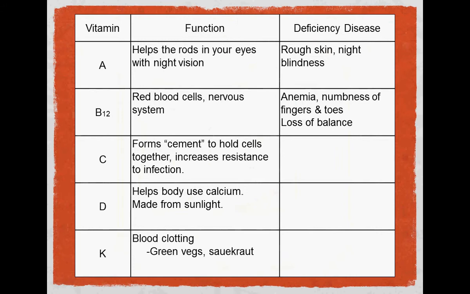Vitamin A is important for the rods, which detect the intensity of light. If a person is deficient in vitamin A, they may not be able to see well at night, sometimes called night blindness, where in low light conditions they can't see very well.